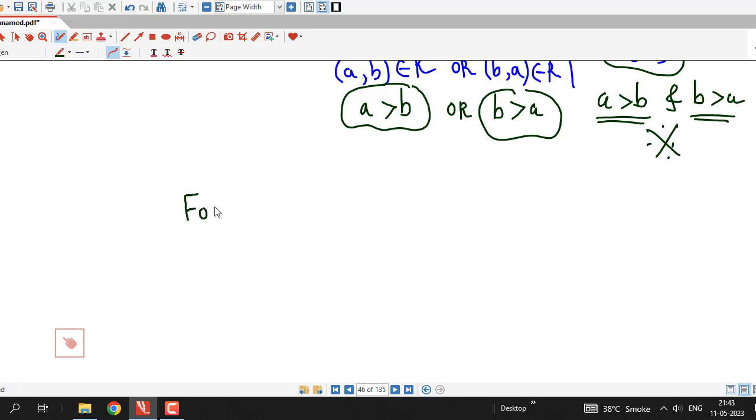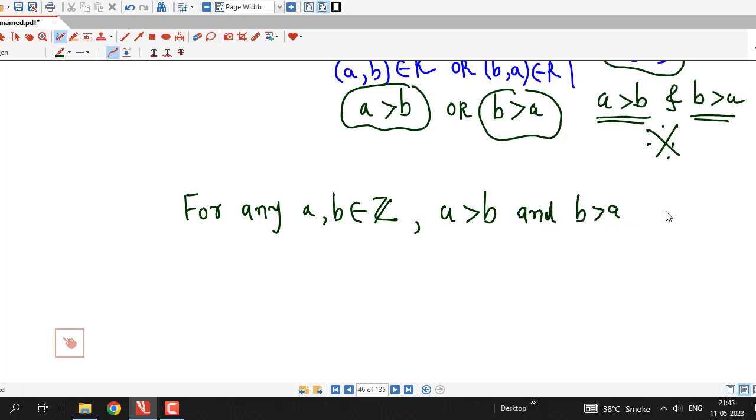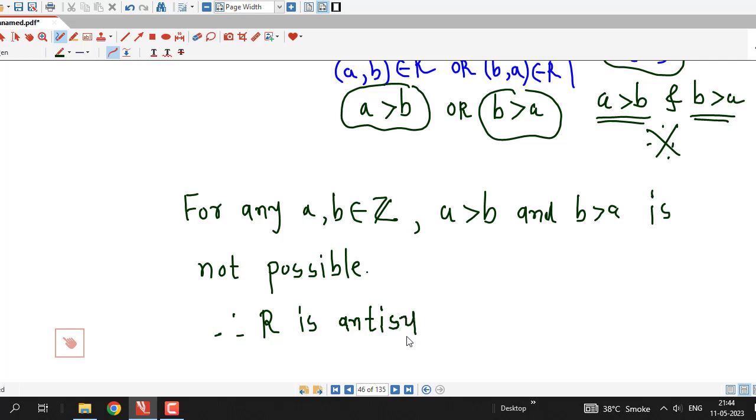Okay, we can write that for any integers a, b belonging to Z, a greater than b and b greater than a is not possible. Therefore R is antisymmetric.